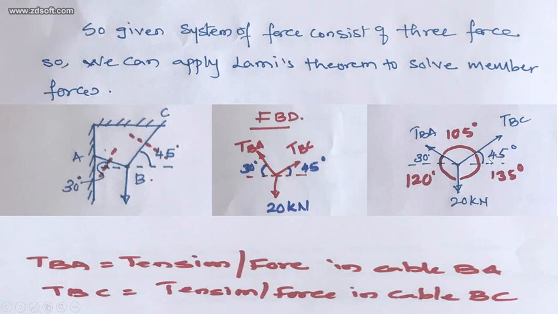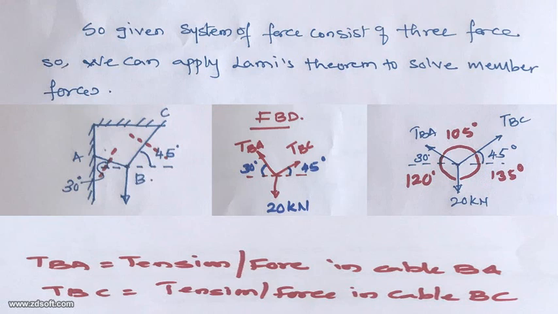So if I deduct, 180 minus 30 minus 45, then I get a 105-degree angle between these two forces. Similarly, the angle between these two forces is 90 degrees plus this 30 degrees, so the total is 120 degrees. In this case, this is 90 degrees and this is 45 degrees, so the total will be 135 degrees. So we get all the angles between the forces.